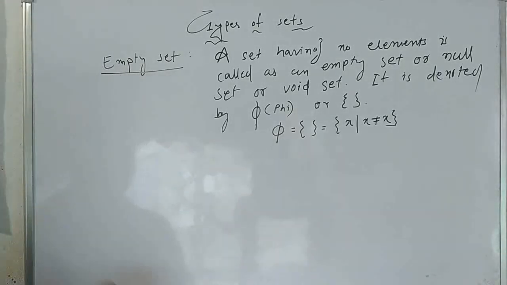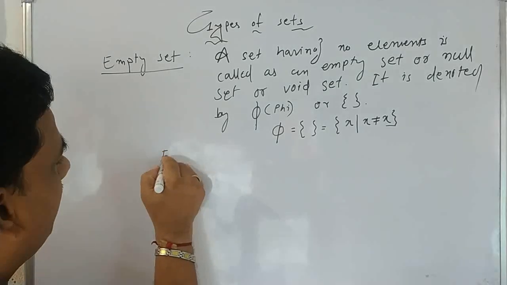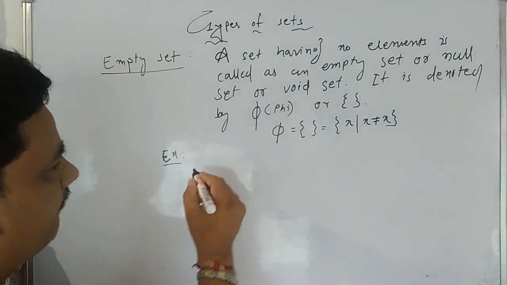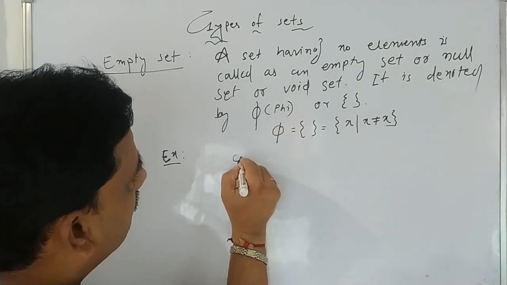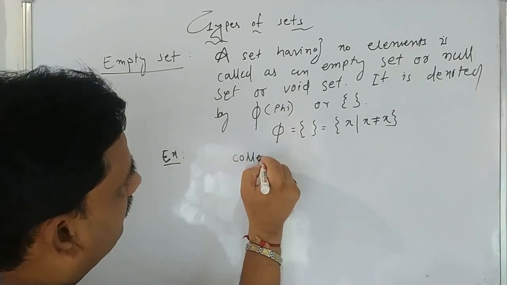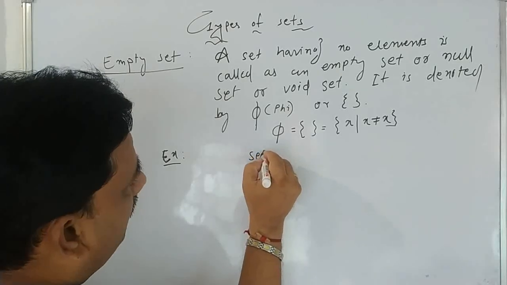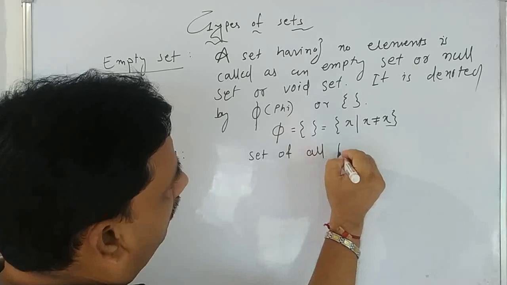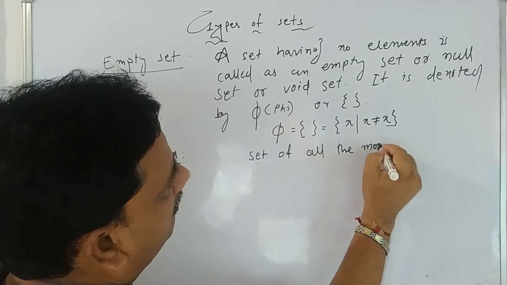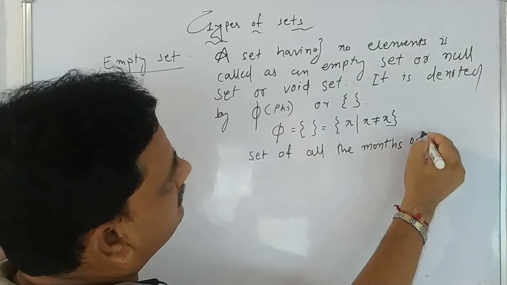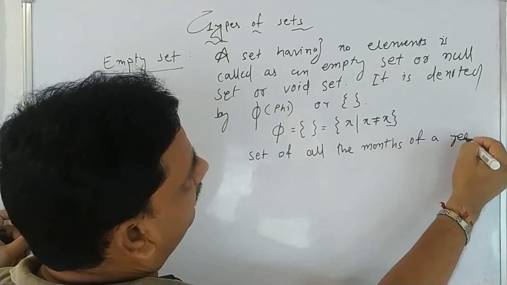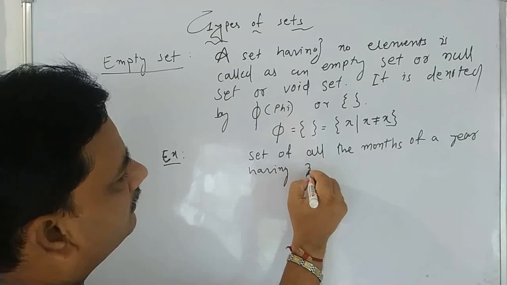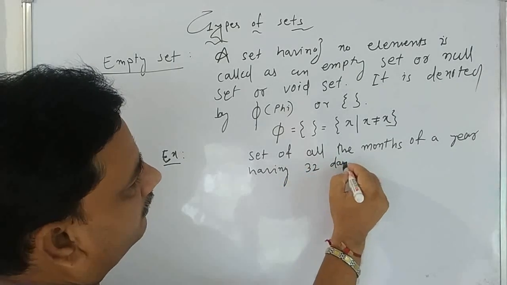So, you get an empty set. Okay. For example, let us take one example. Set of all the months of a year having 32 days.